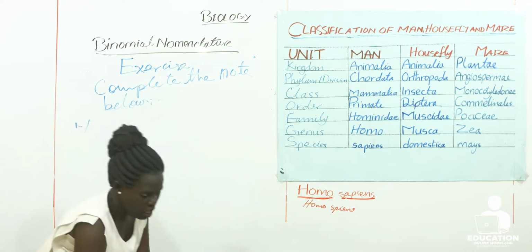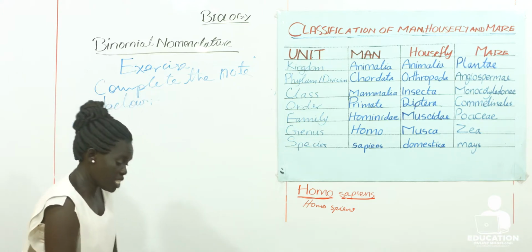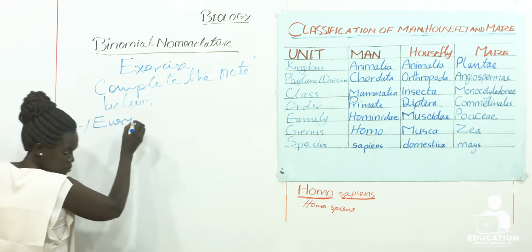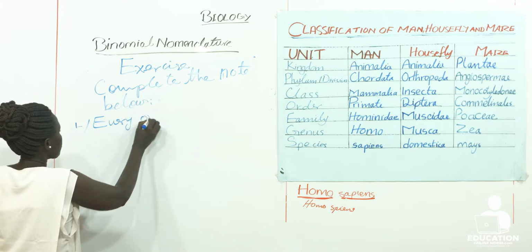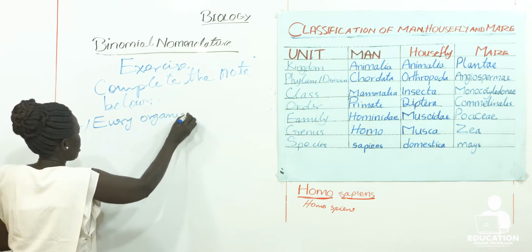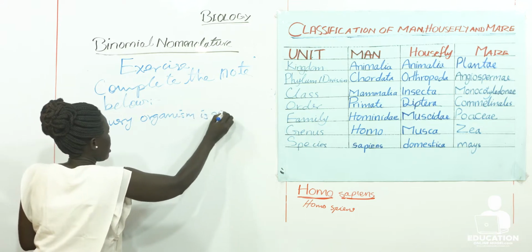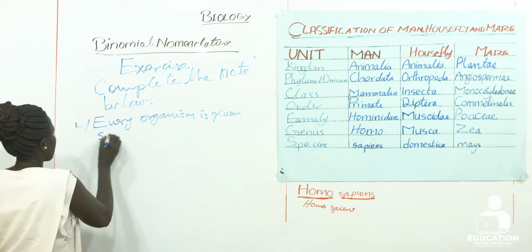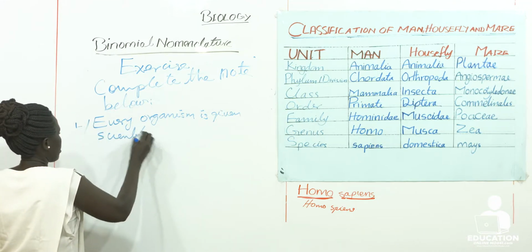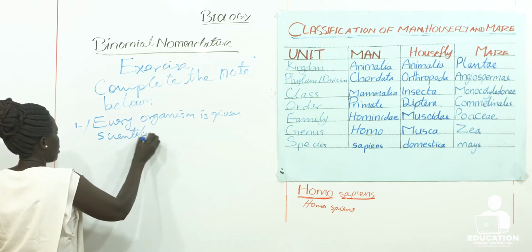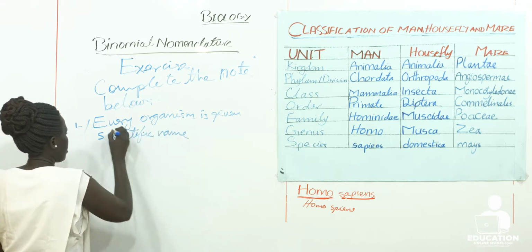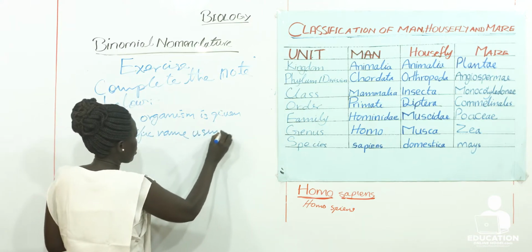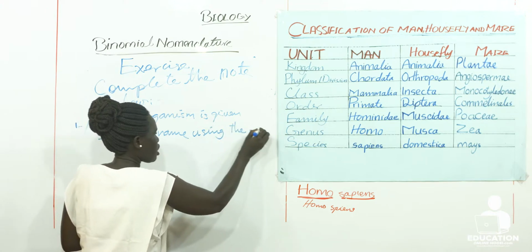Number 1 says, every living organism is given a scientific name using the genus and species.